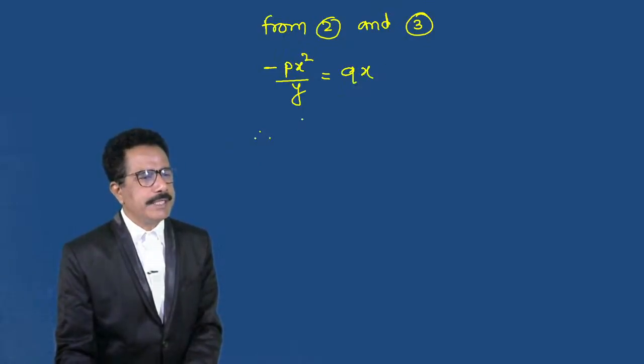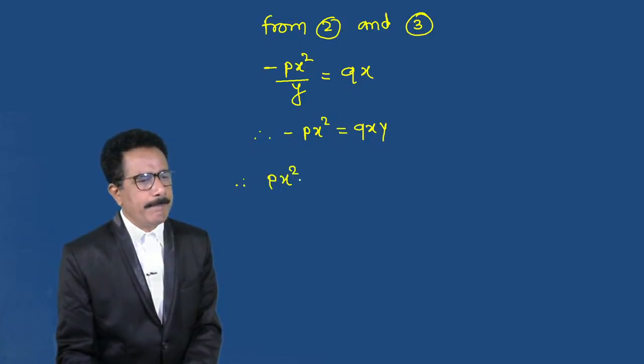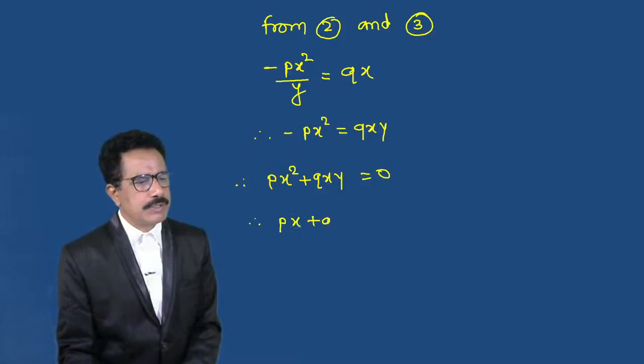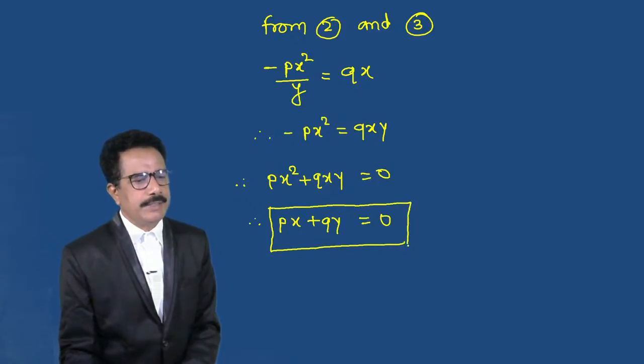So it can be written as minus px square, which is equals to qxy. So we can write this as px square plus qxy, which is equals to 0. You can remove this x. So px plus qy, which is equals to 0. So this is the required differential equation.